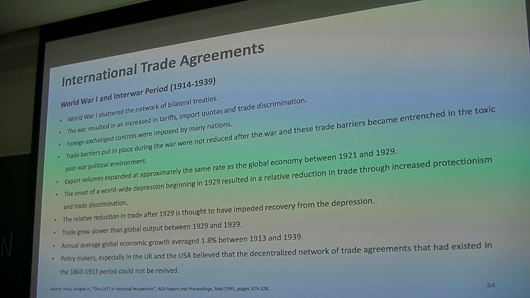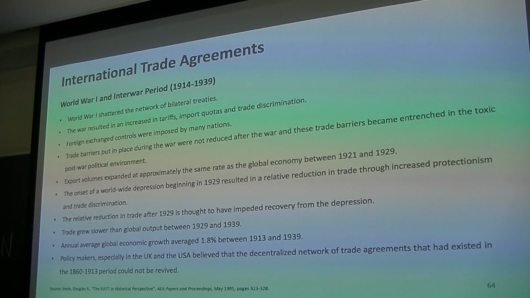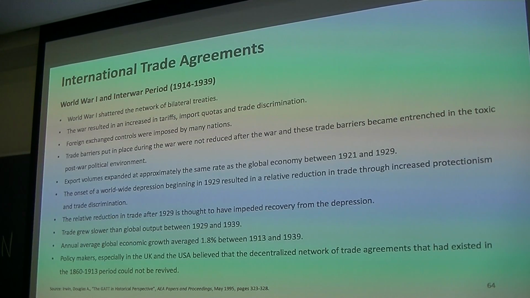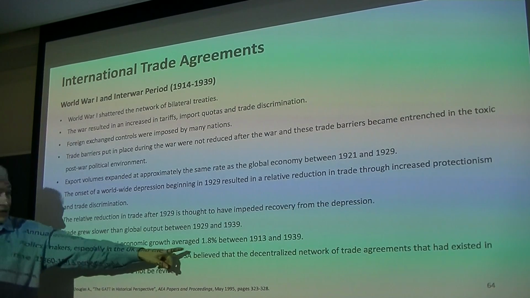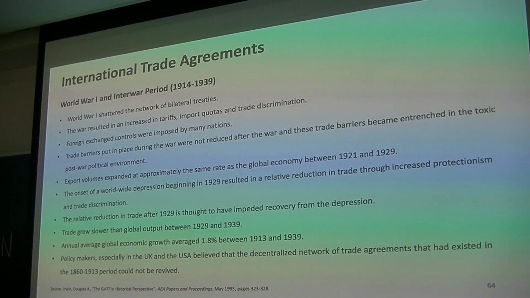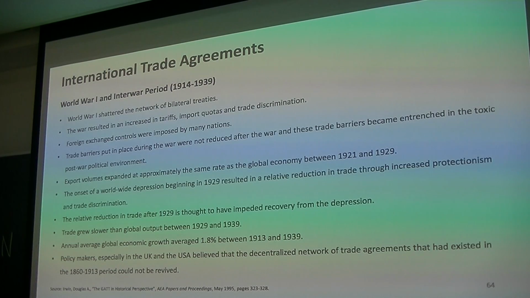We are now typically, when you look at the world as a whole, at about 3%, and I would think that in future years we may see more than 3% of global growth. 1.8% is extremely low historically for the past 150 years.